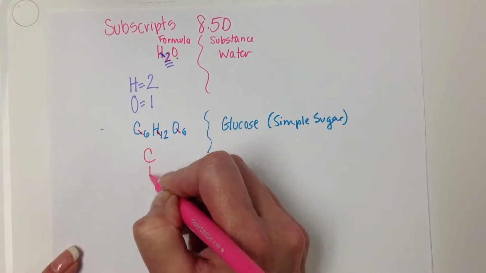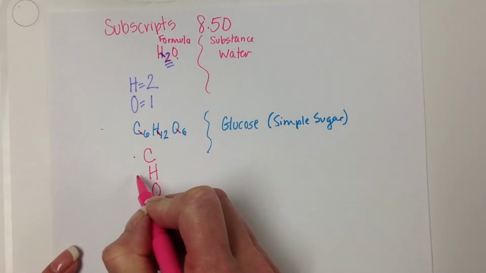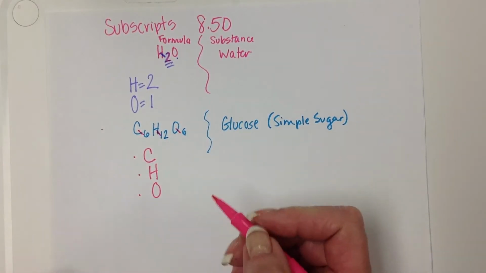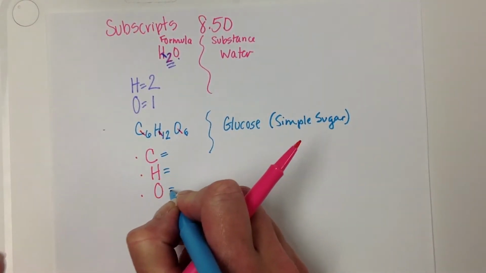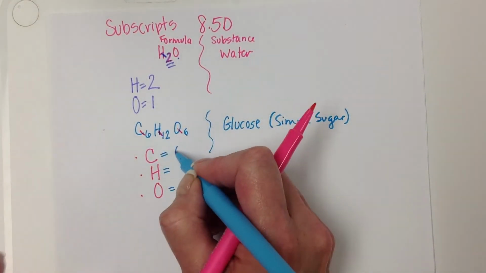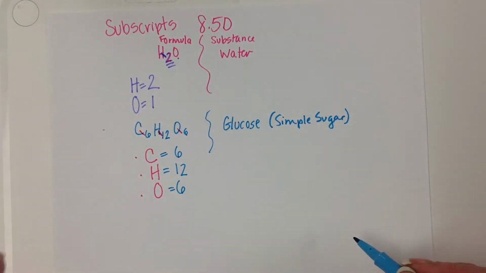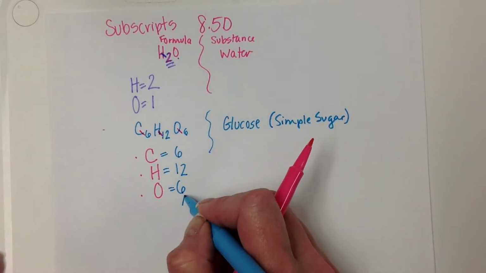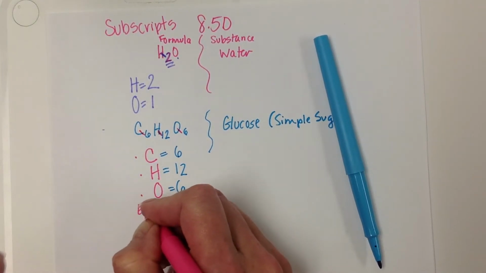There are 1, 2, 3 elements, right? Carbon, hydrogen, oxygen. Now let's look at how many atoms of each element there are. So there are 6 carbon, 12 hydrogen, 6 oxygen. These are the atoms, and these are the elements.